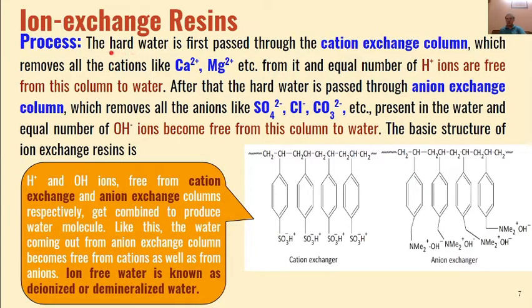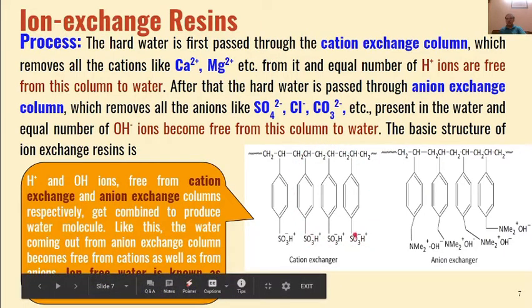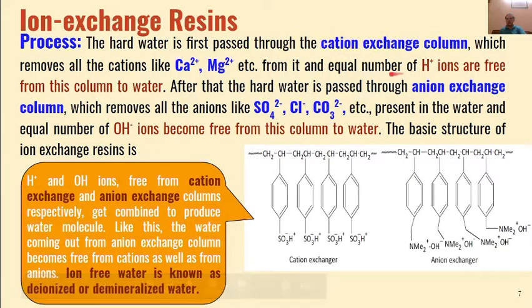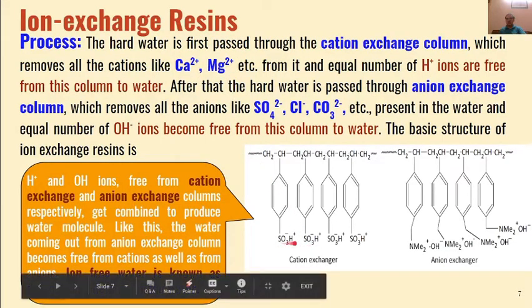The hard water is first passed through the cation exchanger. So there are two columns. First is the cation exchanger, and second is the anion exchanger. In the cation exchanger, we know that H positive ions will be exchanged with calcium and magnesium ions, because the cation exchange resin will be either sulfonic acid or carboxylic acid.